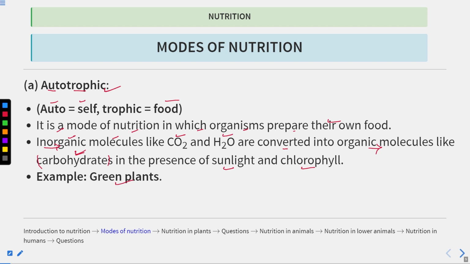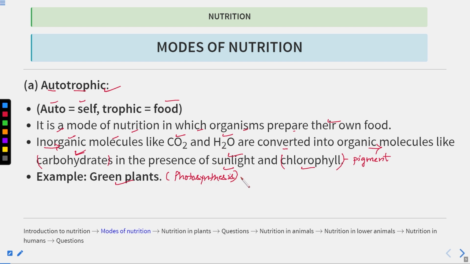Green plants can carry out photosynthesis, and these green plants contain chlorophyll molecules. Chlorophyll is a photosynthetic pigment that captures the sunlight, and it can then carry out the process of photosynthesis.